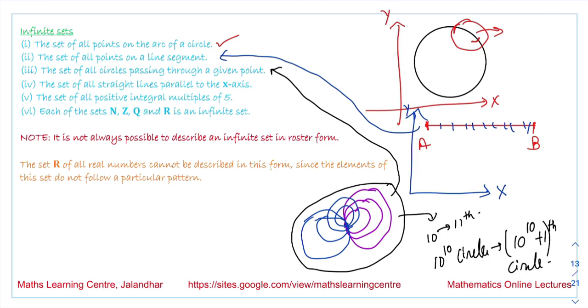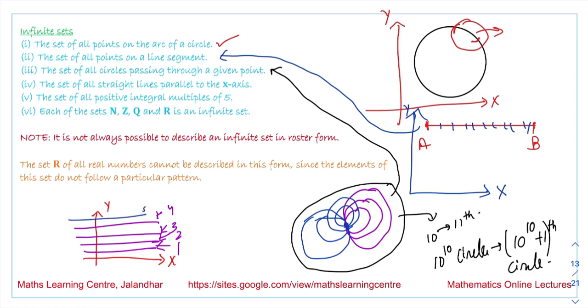Next is the set of all straight lines parallel to the x-axis. Suppose these are our axes, this is the x-axis, this is the y-axis. We have drawn the straight lines over here, and we start counting these lines. Suppose this is the first line, this is the second, this is the third, this is the fourth. Then the counting does not stop over here.